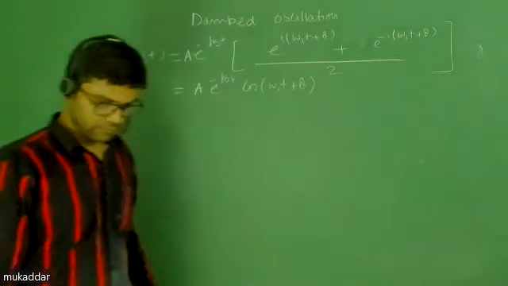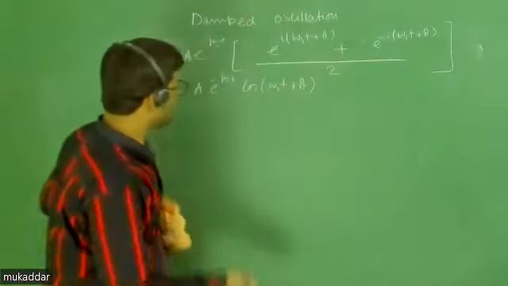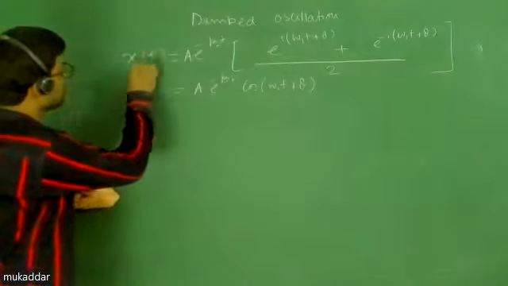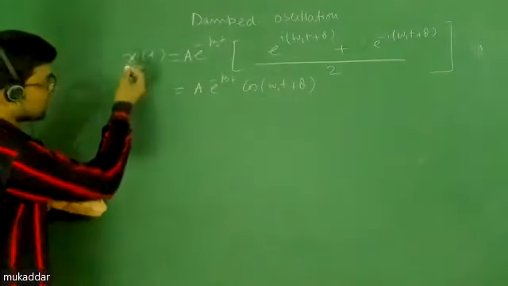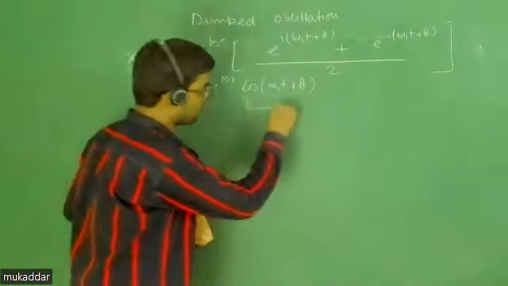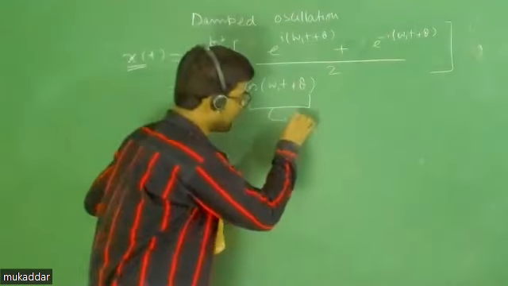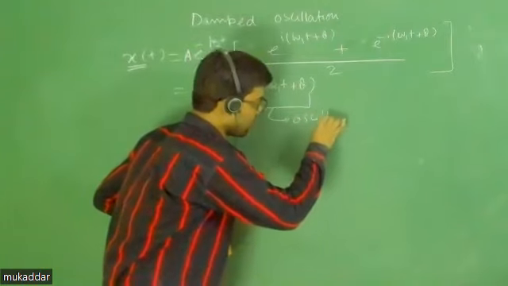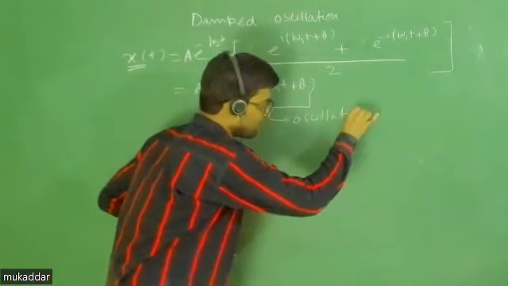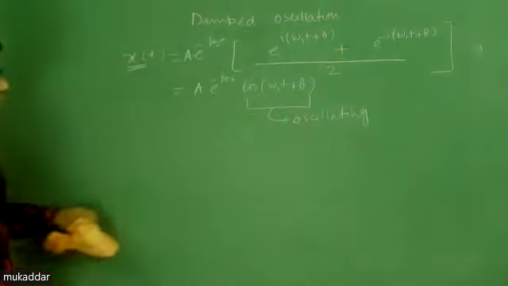The amplitude is decaying. You can see the general solution contains two factors. One is the cosine function, which is oscillating in nature. Cosine and sine functions are basically oscillating in nature.